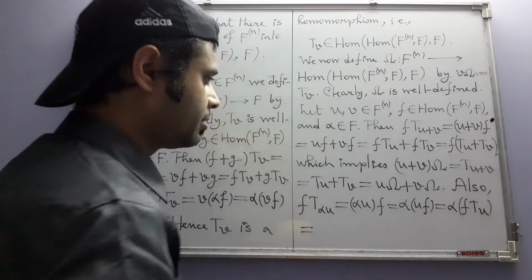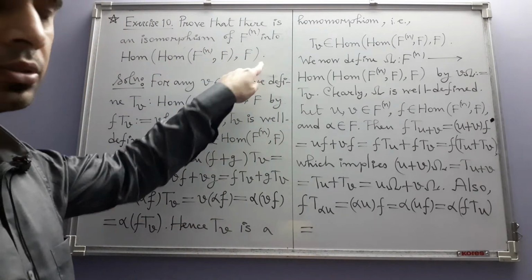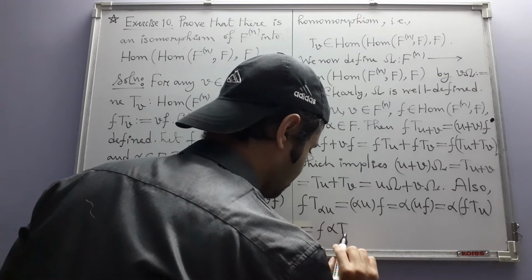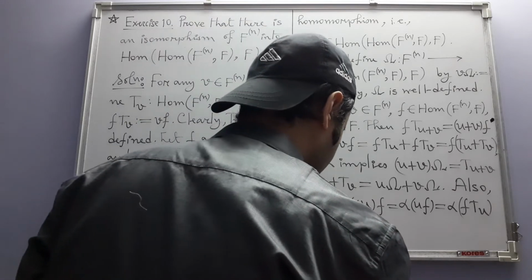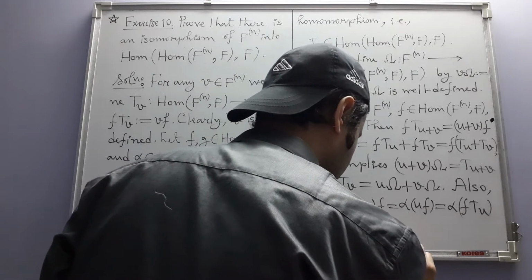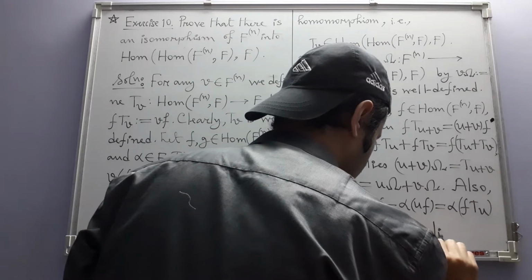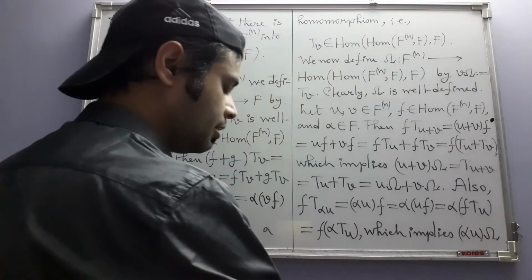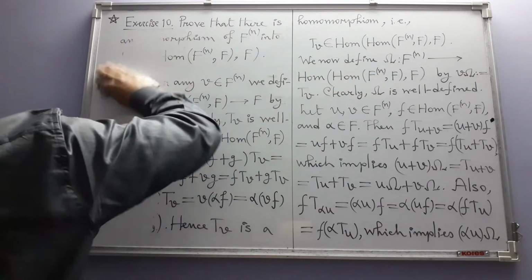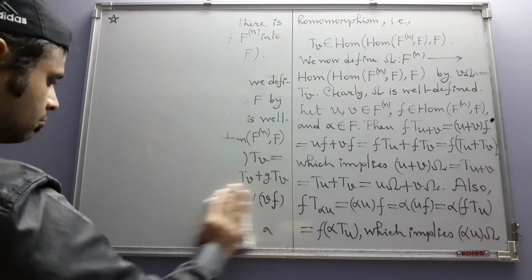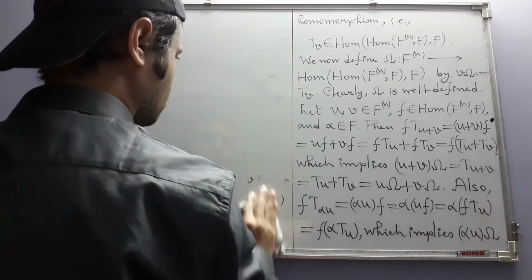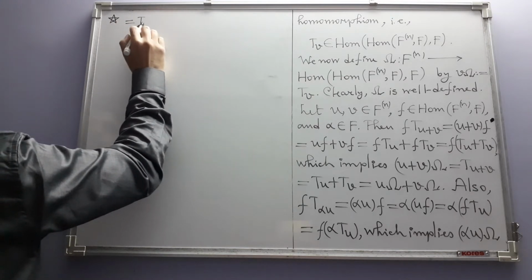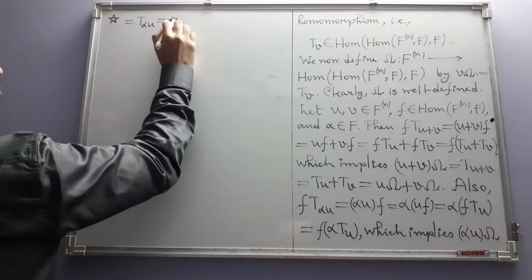Now by the definition of multiplication by scalars in this large space, this thing is equal to f(alpha tu), which implies that (alpha u) omega is equal to t(alpha u), which is equal to alpha tu.